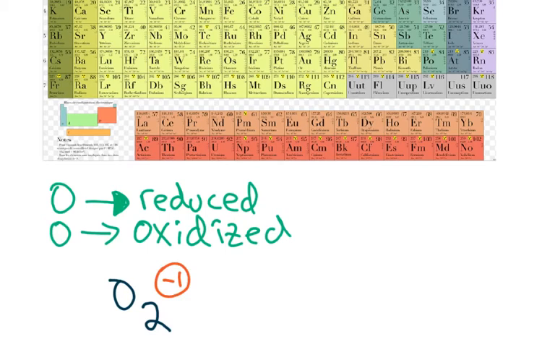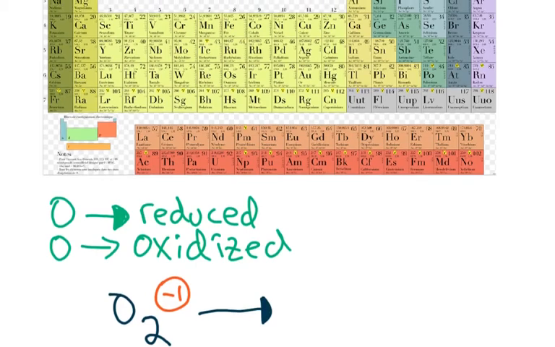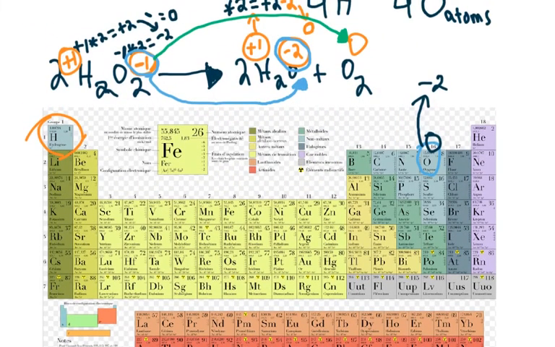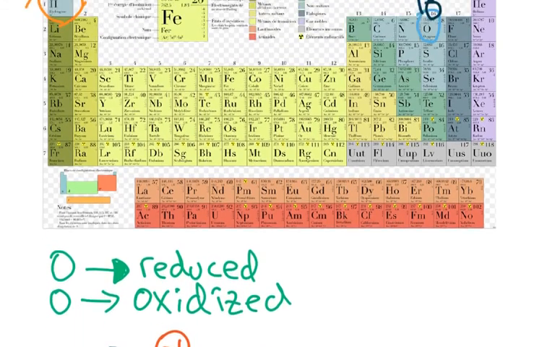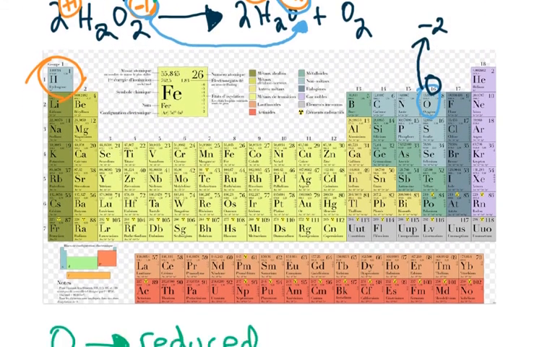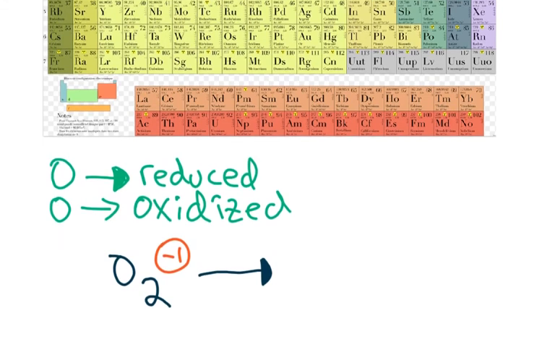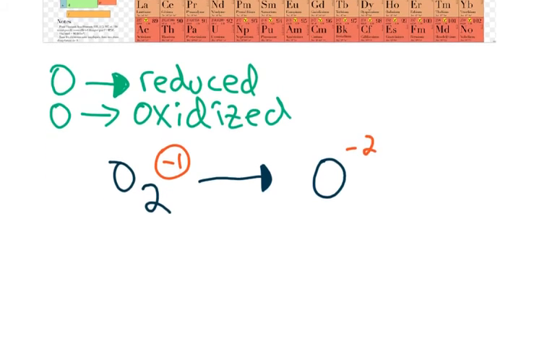Let's write that in a red color so we can differentiate it. Remember, this is still part of hydrogen peroxide. I'm just not showing it because I'm trying to show you why this is a disproportionation reaction, because of oxygen. Okay, and then we went to H2O. The oxygen in H2O has a -2 oxidation number. So this is the oxygen for H2O, and we have a -2 oxidation number here. Let's rewrite it again and look at the other oxygen.